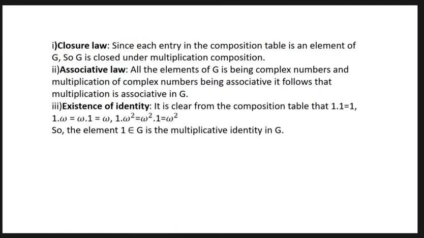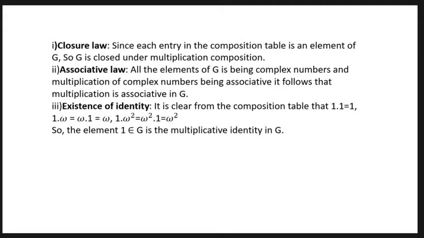Next, the existence of identity. It is clear from the composition table that 1 into 1 is equal to 1, 1 into ω is equal to ω, 1 into ω² is equal to ω², and even ω² into 1 is equal to ω². When you multiply any element with 1, the product remains the same.